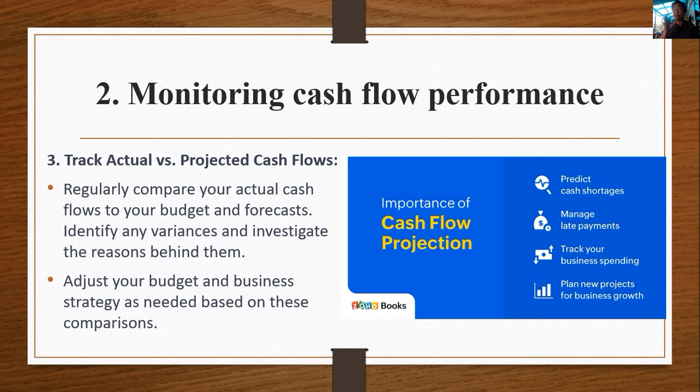Okay, and by that investigation, if you have information available, adjust your budget and your business strategy as needed based on this comparison, in order for you to keep updated and at the same time to keep track of the trends and the recent market changes. This is very important so that you will be able to cope with the competition in the market.